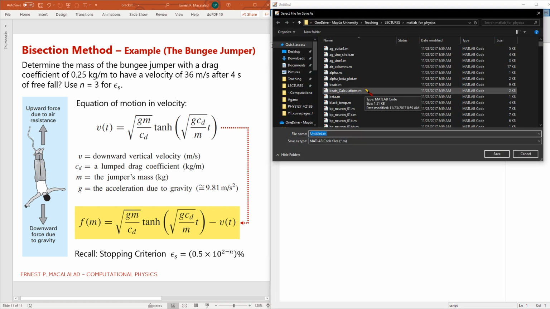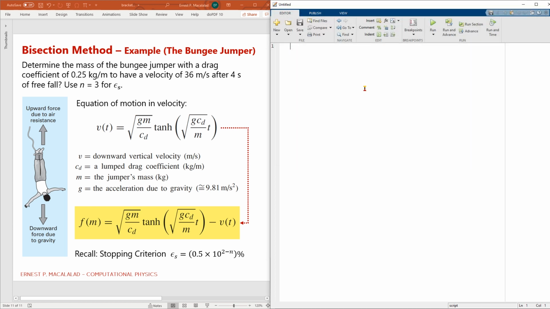Okay, so let's save this as bisection example. Let's first do some housekeeping. Let's clear, clc and close all.